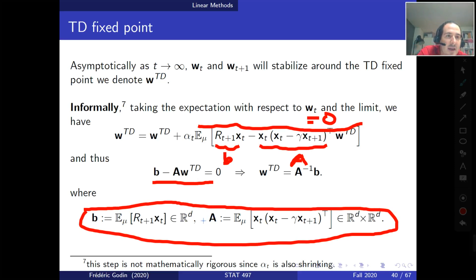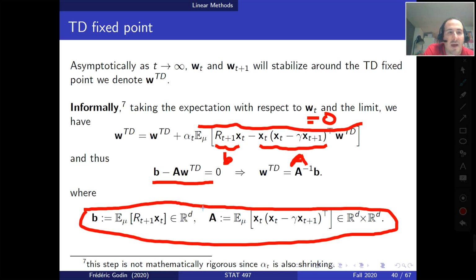So this indicates an expression to which the TD0 algorithm, in the context of linear approximations where we use semi-gradient, will converge.